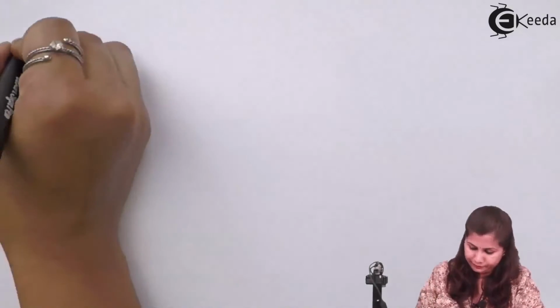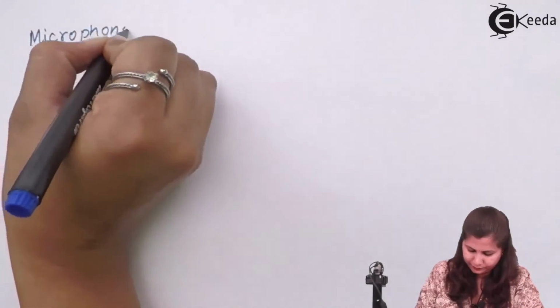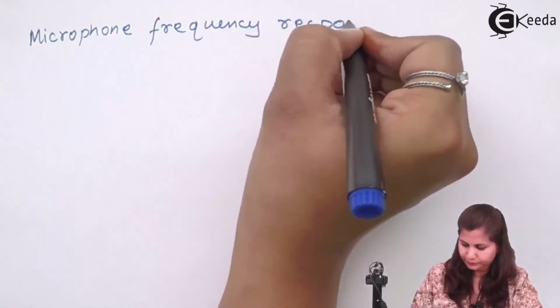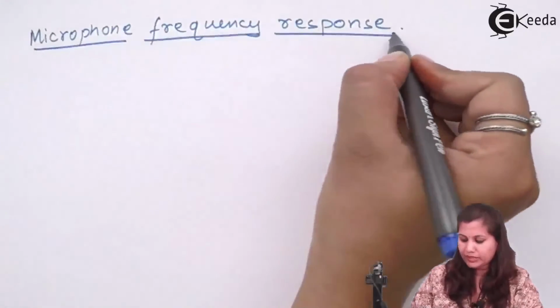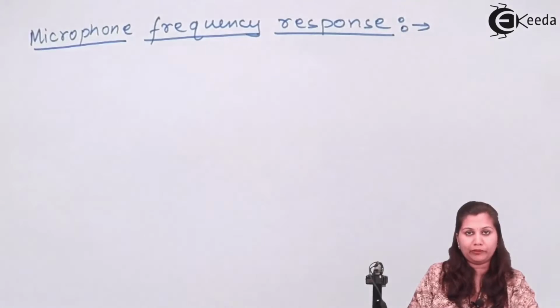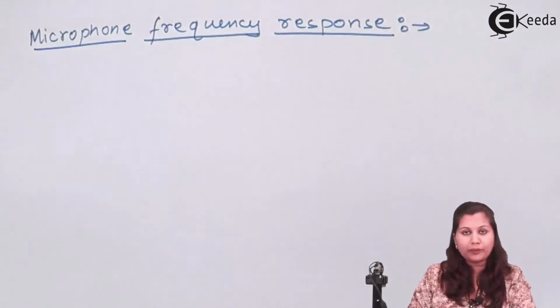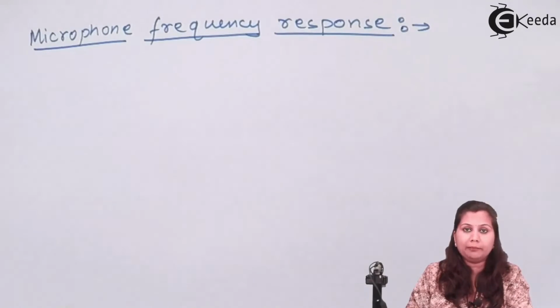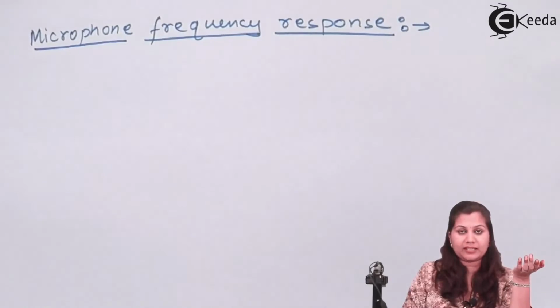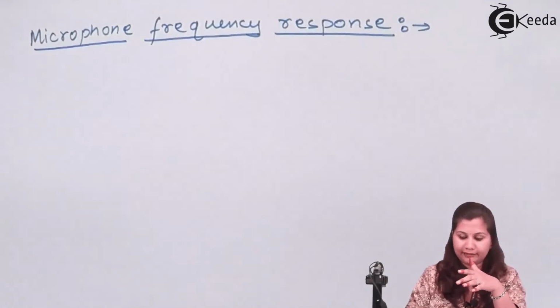Next is the microphone frequency response. Frequency response is the next factor on the basis of which the type of microphone is decided. Frequency response also plays a very important role in the selection of the microphone for different types of application; according to the type of frequency response needed, the microphone is selected.